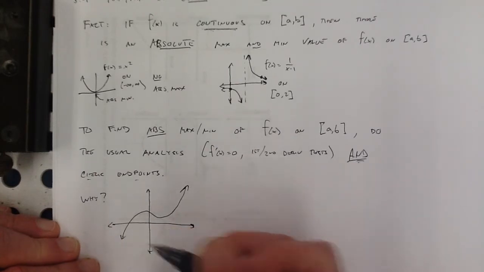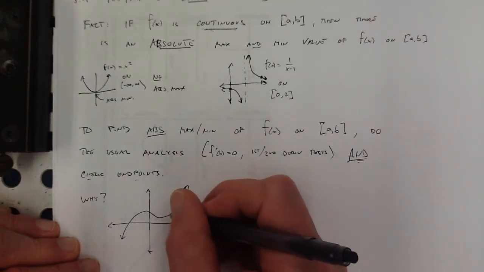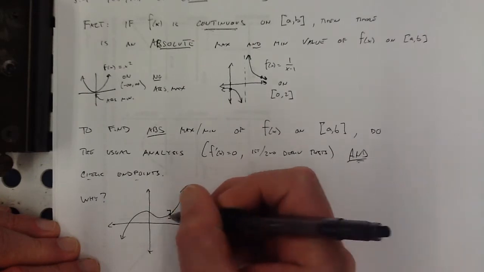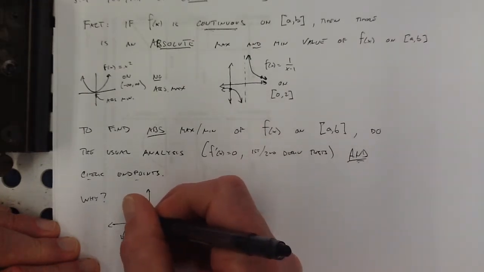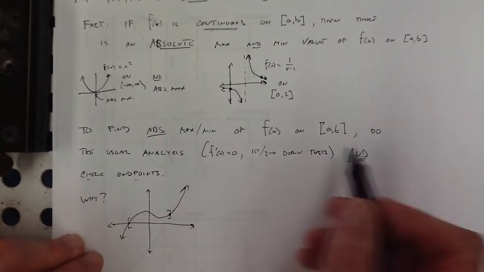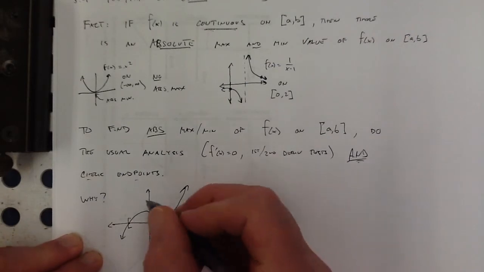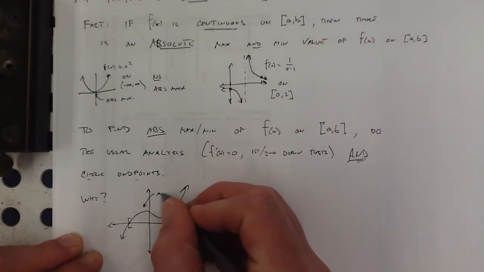So let's say we got a function here, and the closed interval we're looking at is from here to here. If you do the usual analysis, it's going to show that there's a max here.